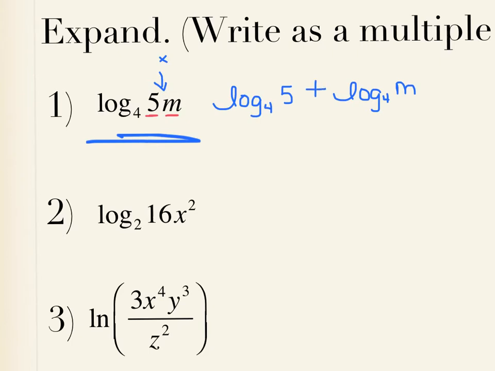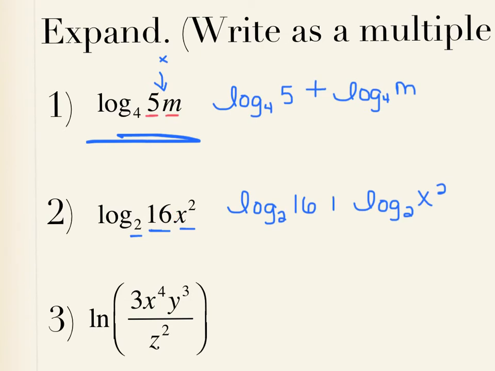Okay, let's try the next one. So the first thing I'm going to do is take my two pieces, the 16 and the x squared. I'm going to give each one their own log. So log base 2 of 16, log base 2 of x squared. So this base of 2 just stayed the same in both of those. Okay, now this right here is multiplication.